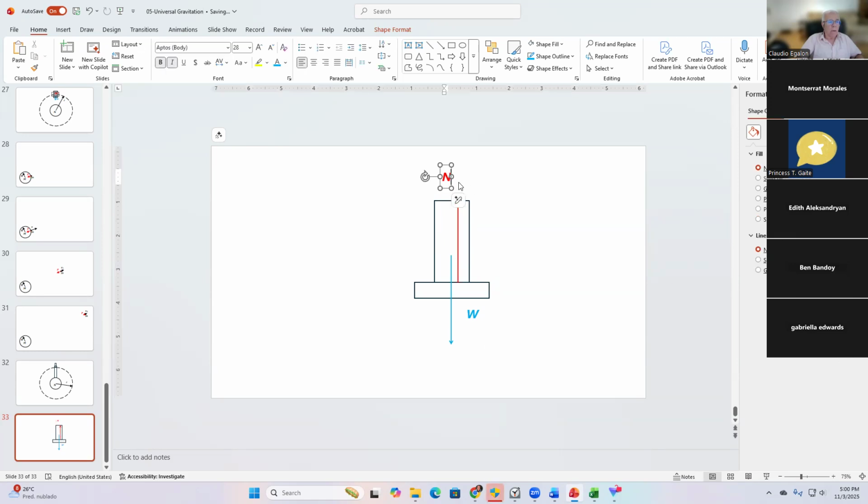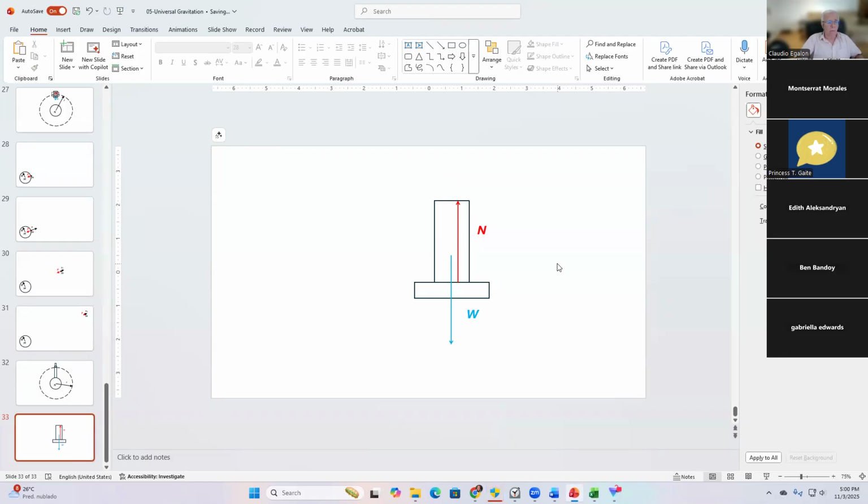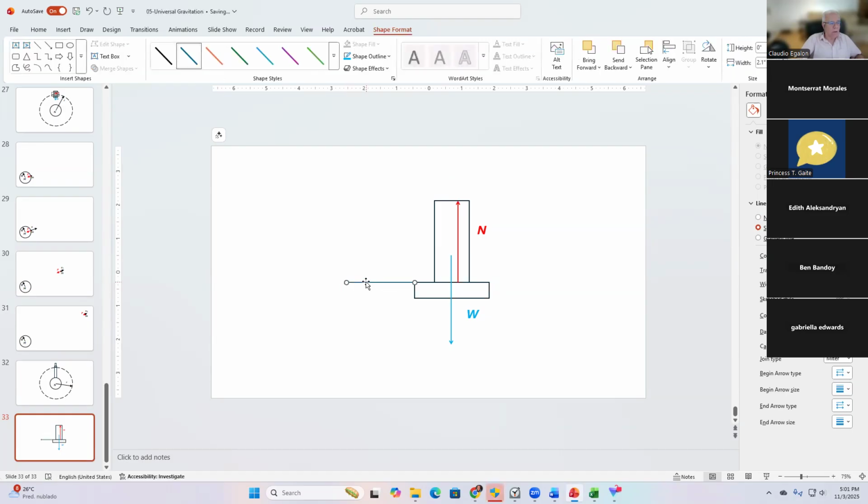Here you go. It is moving in uniform circular motion. Yes, it is moving. But the velocity is not going to be the orbital velocity. It's going to be less than the orbital velocity. Here you go. I'm going to put the velocity here.